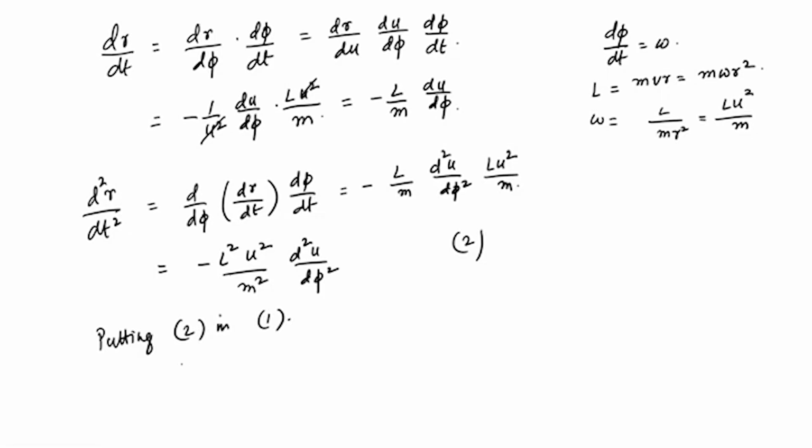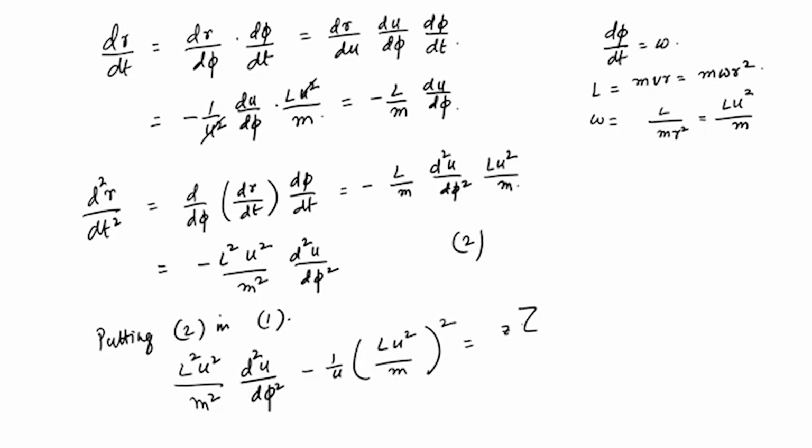We get an equation which is L square u square by m square, and there is a d2u d phi 2 minus 1 over u, L u square over m whole square, equal to small z capital Z E square u by 4 pi epsilon 0 m.